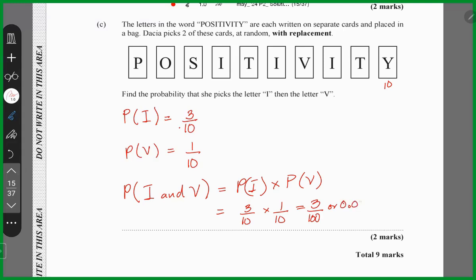The probability is 3 out of 100, or 0.03, or 3%. So the probability of getting an I and then a V, given the fact that I replaced the I after I got the I, is 3 out of 100, or 0.03, or 3%.